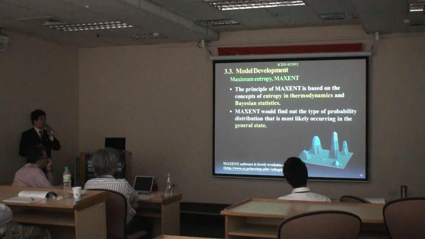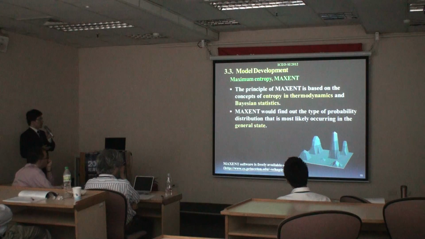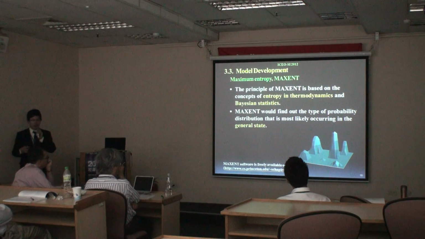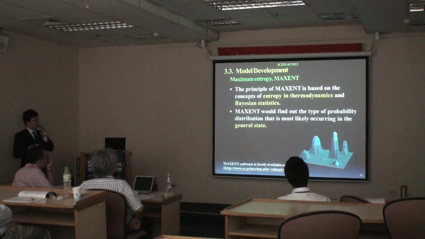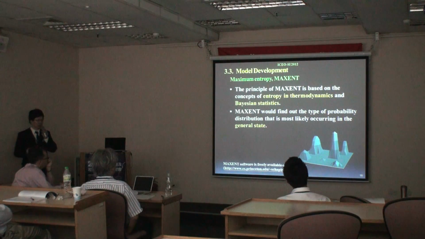It will find out the probability distribution that occurs most probably in nature. That is the value of maximum entropy. It calculates the maximum probability of presence in every pixel, then predicts the potential habitat by adopting an appropriate threshold.